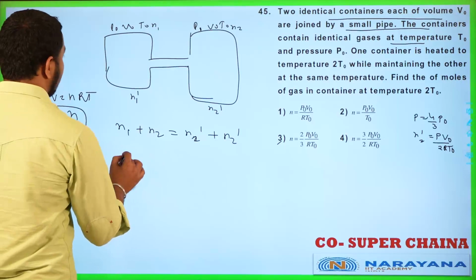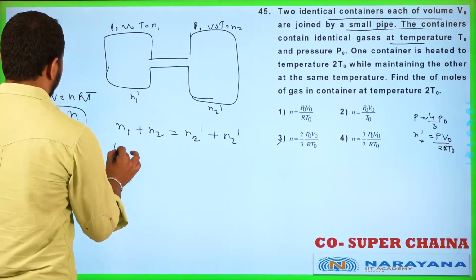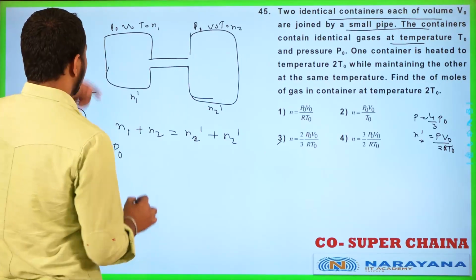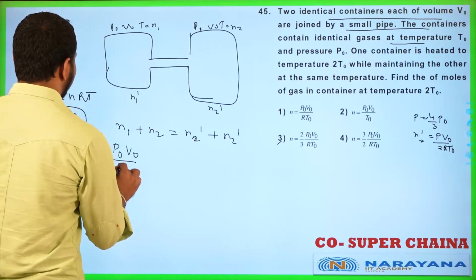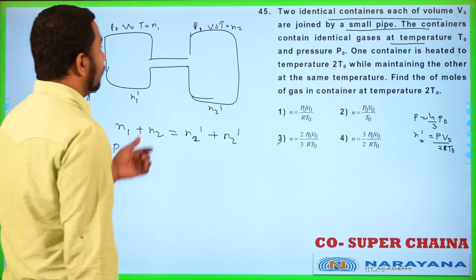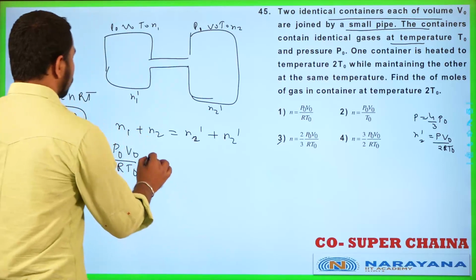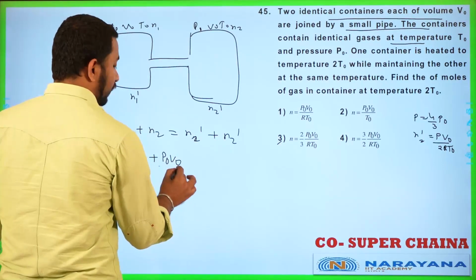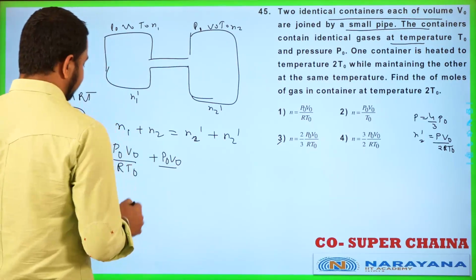So if we write the initial condition, it will be P naught V naught by R T naught, and for the second one it is also P naught V naught by R T naught.